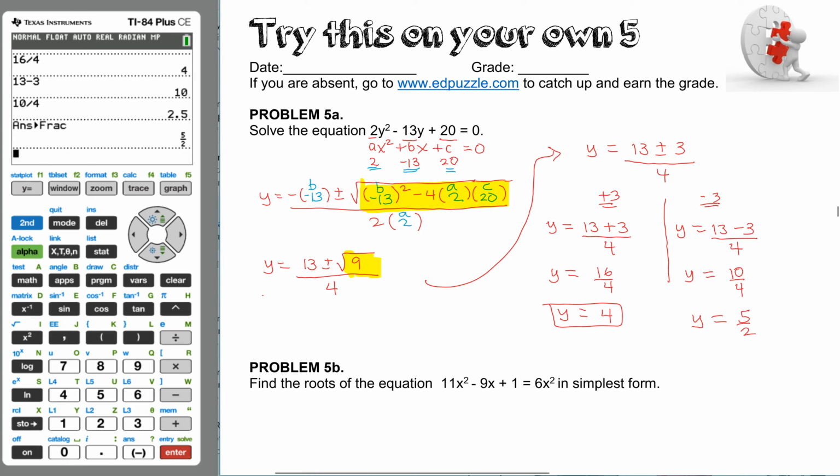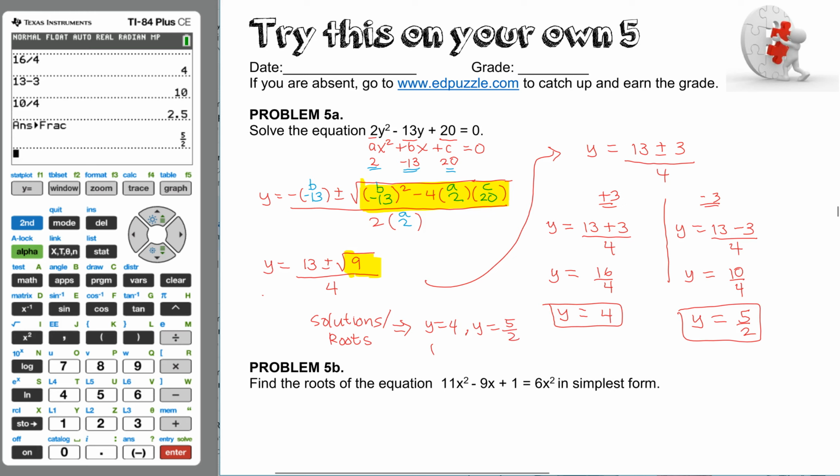This would be 5 over 2. Okay, and this one now we call the roots or the solutions. So my solutions or roots would be y equals 4 and y equals 5 over 2.